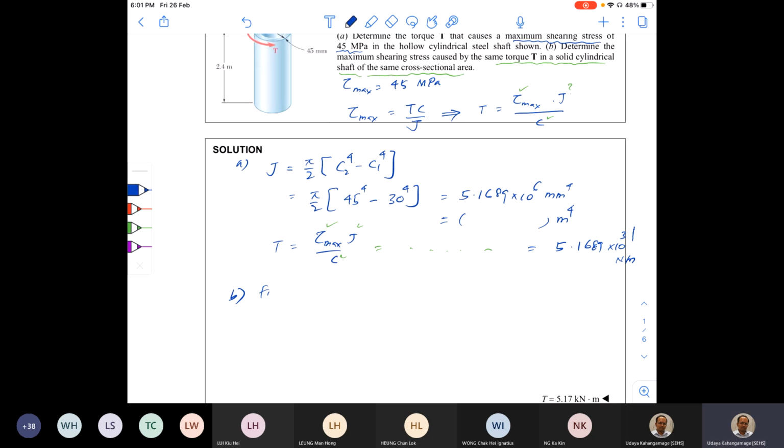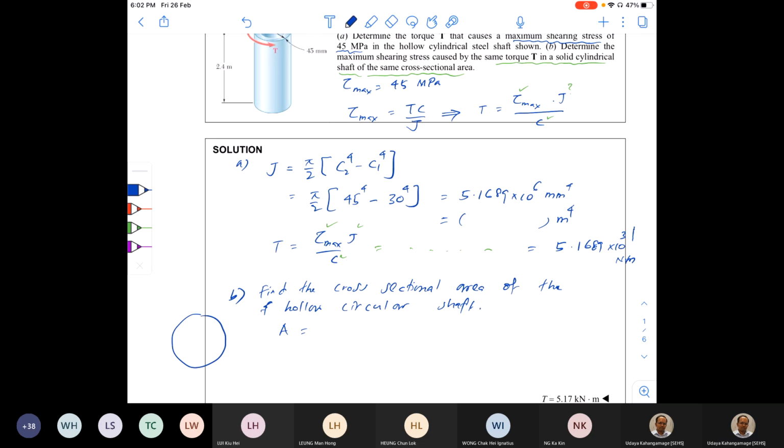So let's find the cross-sectional area of the hollow circular shaft. Let's say it is A. How do we find the hollow circular shaft area? We get the area of the bigger circle and subtract the smaller one.